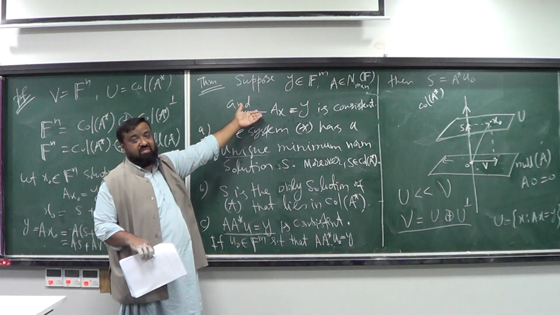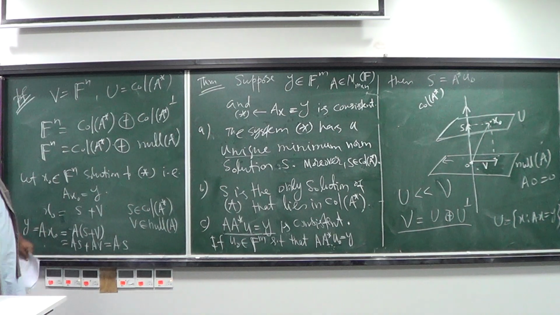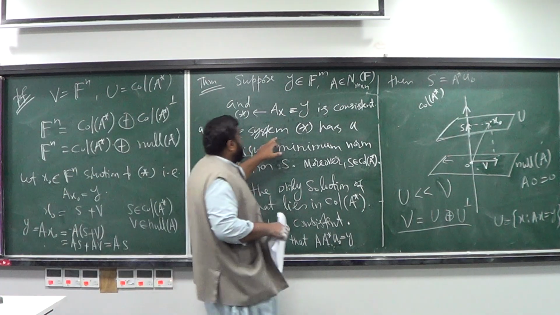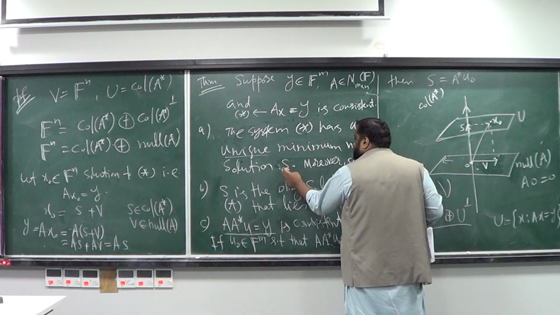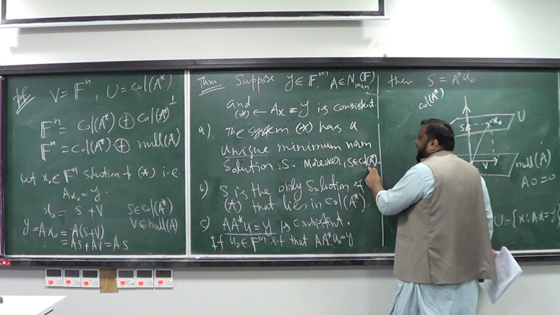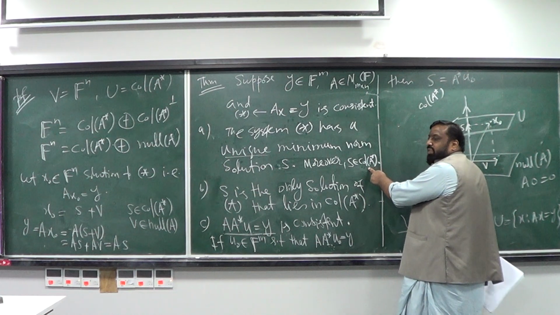So this shows that the star has a solution S that lives in the column space of A star.